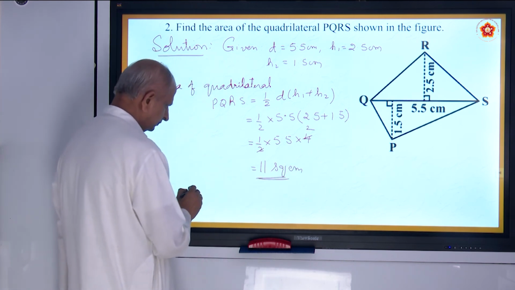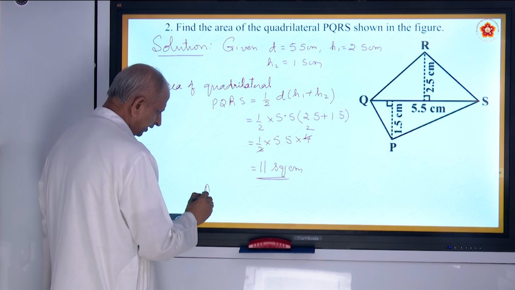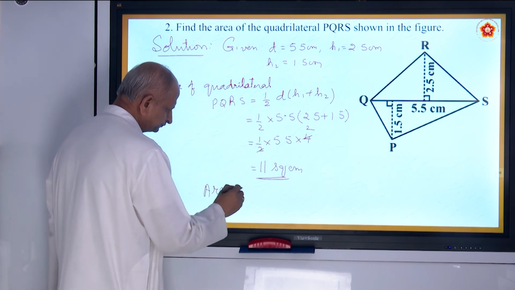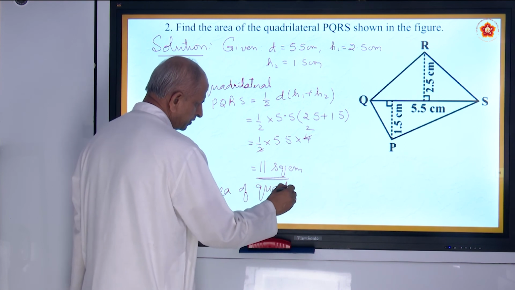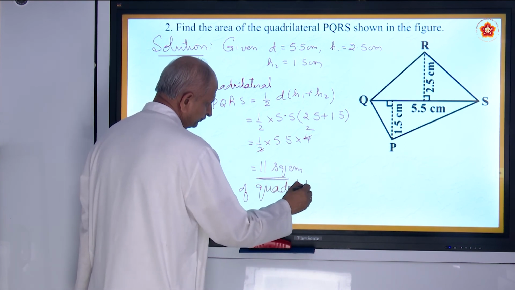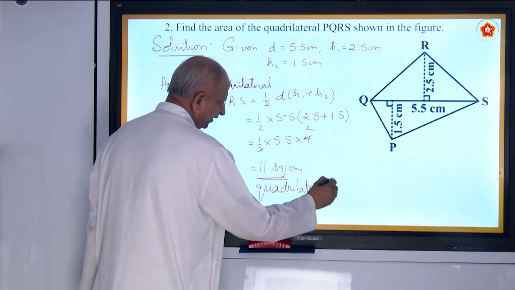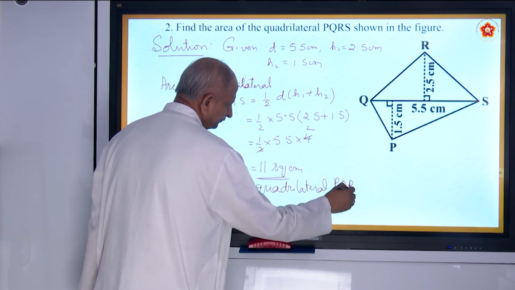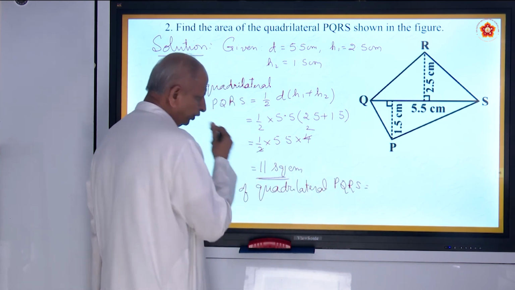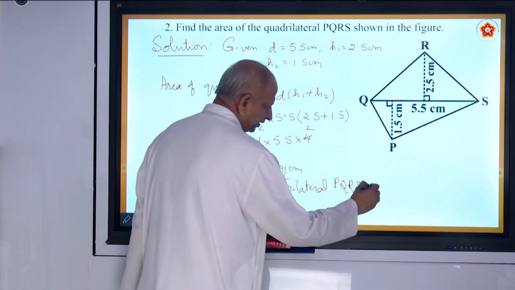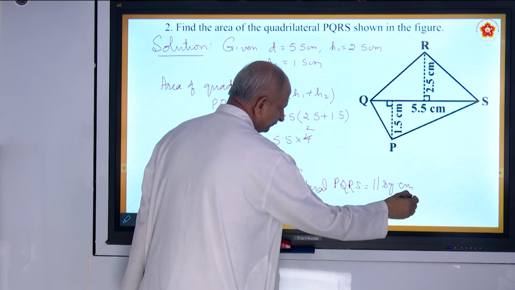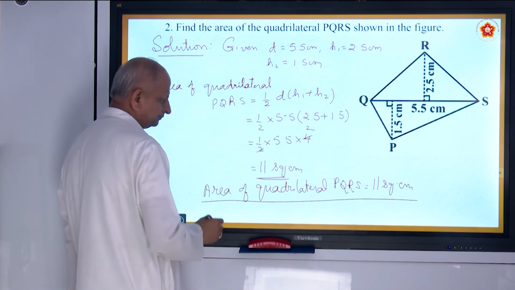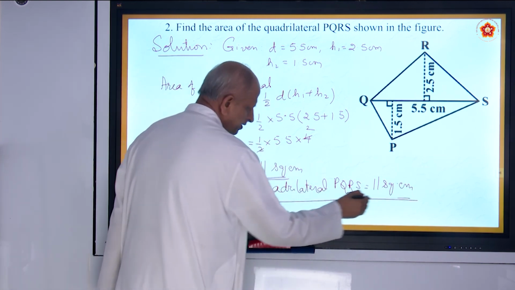So you can write the last step, area of quadrilateral PQRS is equal to 11 square centimeters. It's a very small figure. That is the answer.